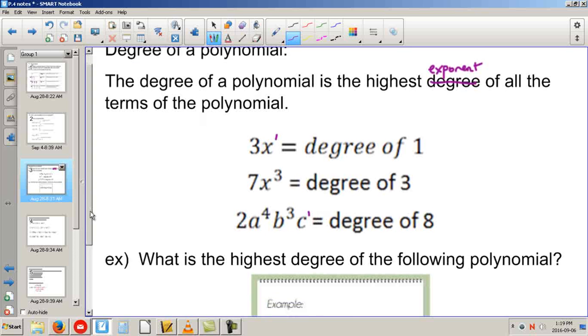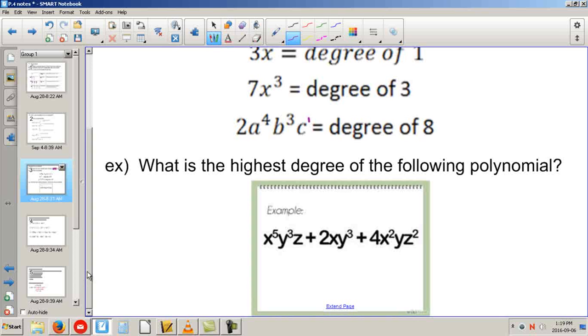Okay, but let's come down and look at this example problem. If we look at the degree of the following polynomial, we want the degree of each of these. We're going to look at each one of these, just the variables. Don't worry about the numbers in front of the variables. So this is 5 plus 3 is 8 plus 1 would be 9. That's a degree 9. This is 1 and then 3. That's a degree 4.